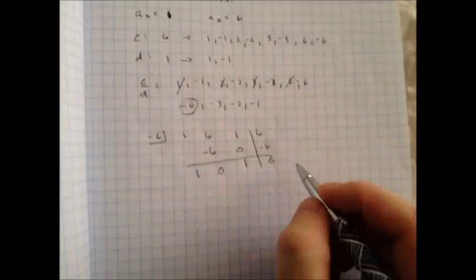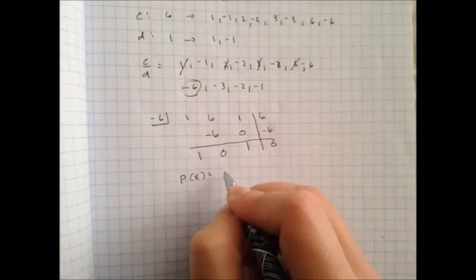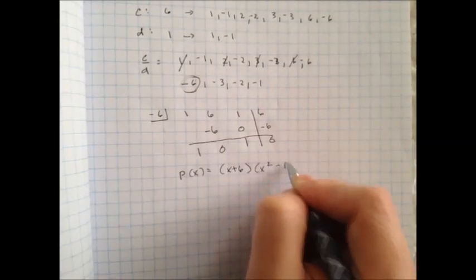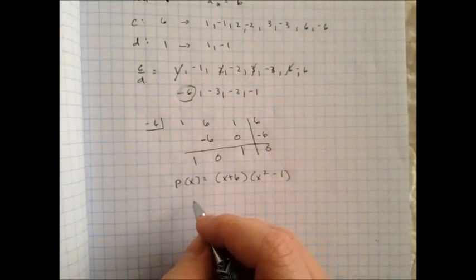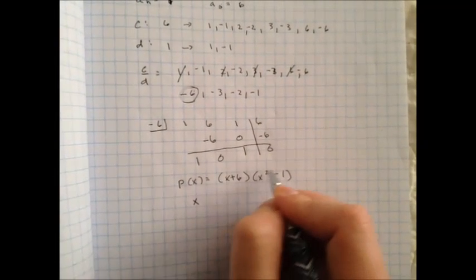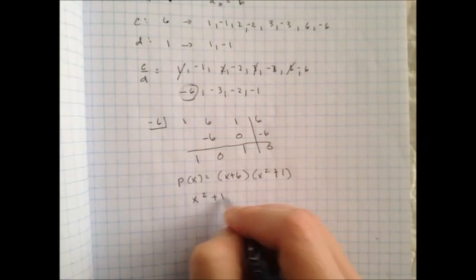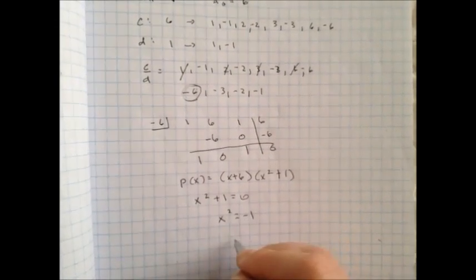Okay? So then I look, oh, well, that's p of x equals x plus 6 times x squared plus 1, which, had I factored it, I would have gotten that. So then x squared plus 1 equals 0. I just solve, I get x squared equals negative 1.